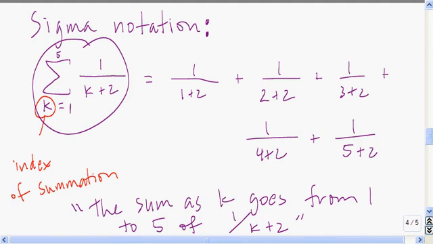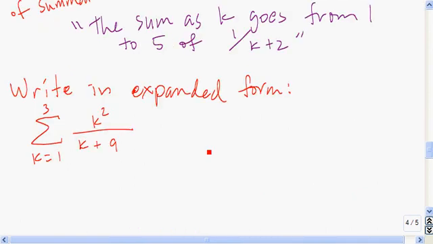Lots of times the hard problem is if somebody gives you an expanded series to write in this sigma notation. Let me have you practice the notation itself though. Why don't you write this in expanded form?